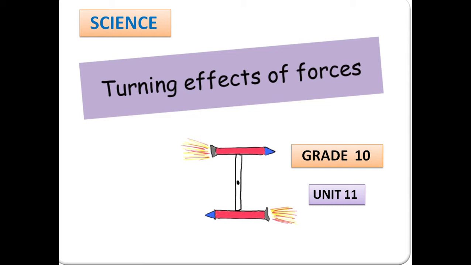Except pushing, pulling, lifting, you can rotate objects by applying forces on them. That is, by applying a force, we can rotate or turn an object around a given point. In this lesson, we will focus our attention on the ability of a force to rotate an object around a given point. First example.